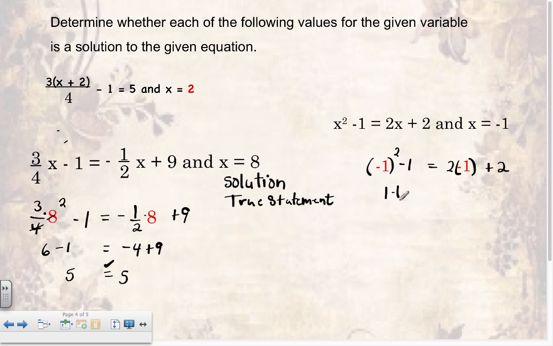When I subtract 1 minus 1, I get 0. So let's see if I get 0 on this side. -1 times 2 is -2 plus 2, and I get 0. All right, so this also, x equals -1, was a solution because I got, that's right, a true statement.